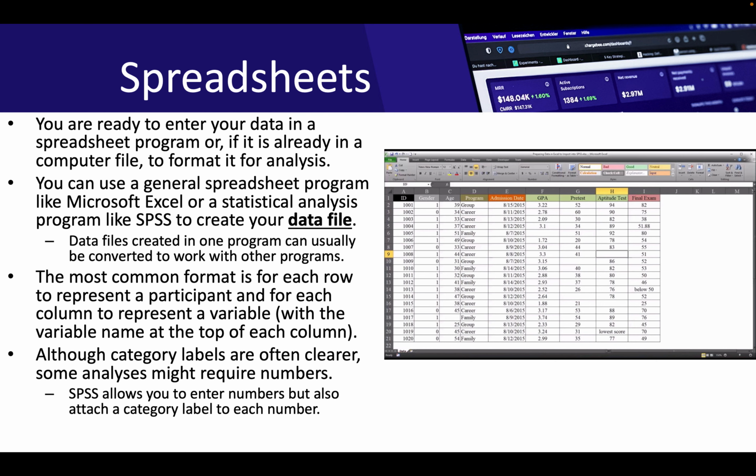The most common format is for each row to represent a participant and for each column to represent a variable, with the variable name at the top of each column. Although category labels are often clearer, some analyses might require numbers. SPSS allows you to enter numbers, but also attach a category label to each number.